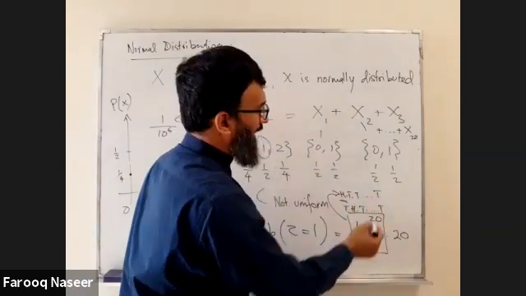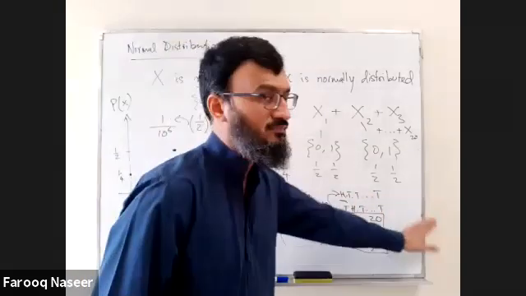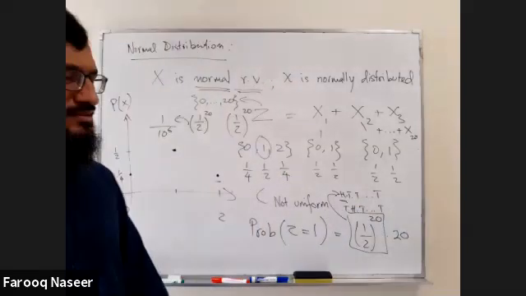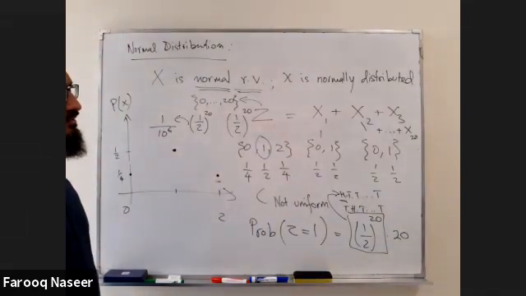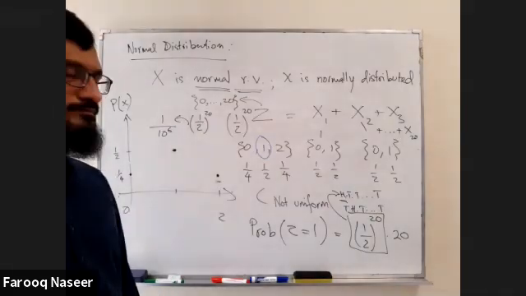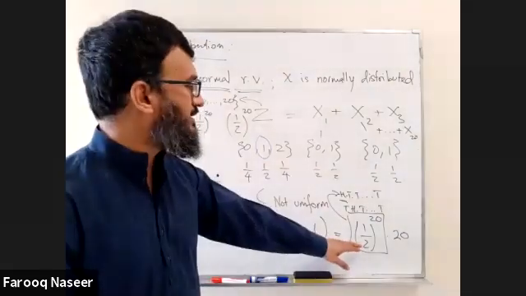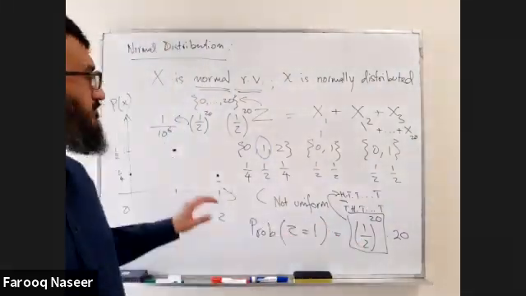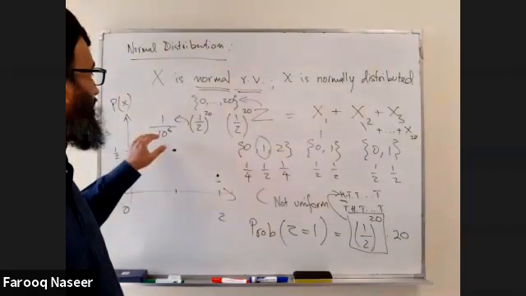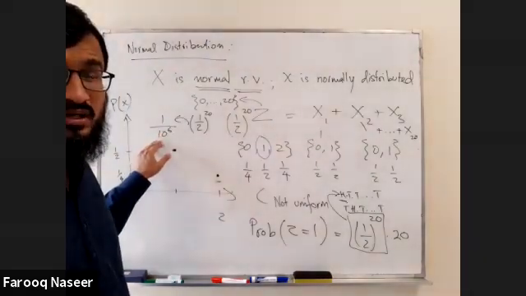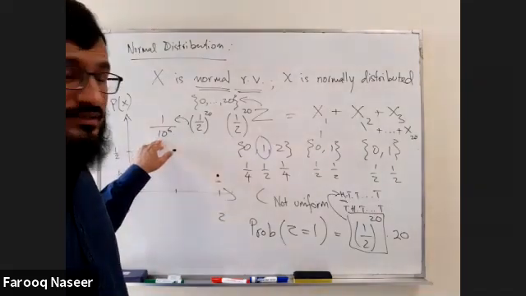And there are 20 such sequences, so we multiply it by 20, right? Or we add this number 20 times, right? So this probability is still very small. So 20 divided by million is still a small number, but it's bigger than this probability.